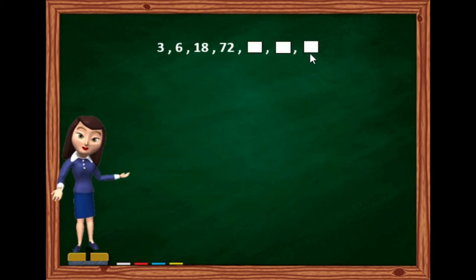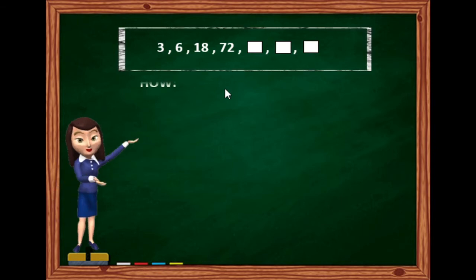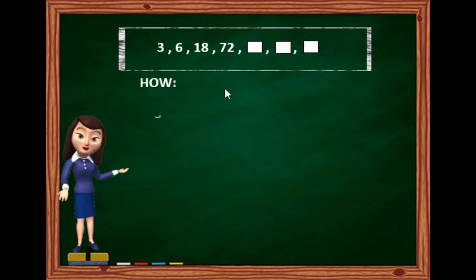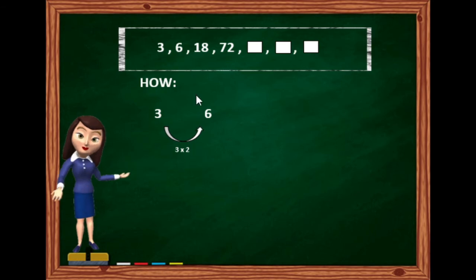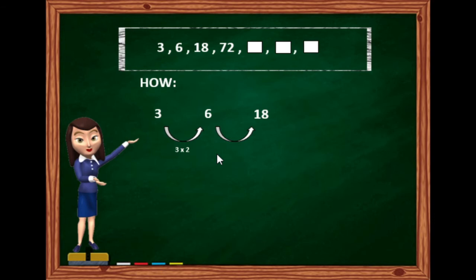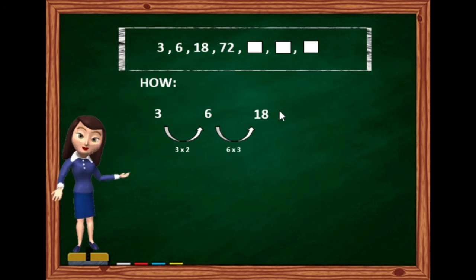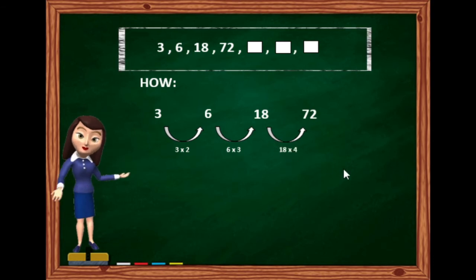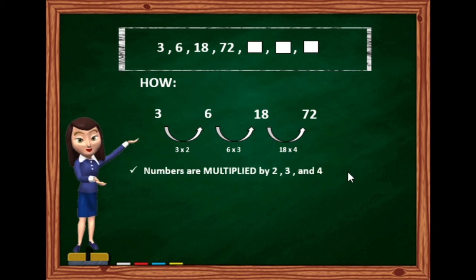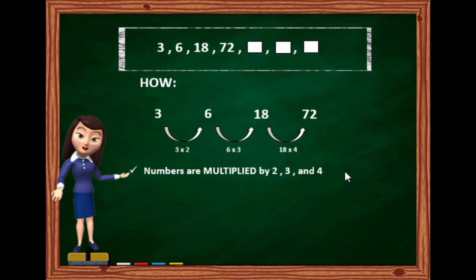Just the same as the 2 examples, we need to jot down the relationship. 3 became 6, that's 3 times 2. 6 became 18, that's 6 times 3. 18 became 72, it's because we had 18 times 4. Let's look at the relationship. Each number is multiplied by 2, 3, and 4.